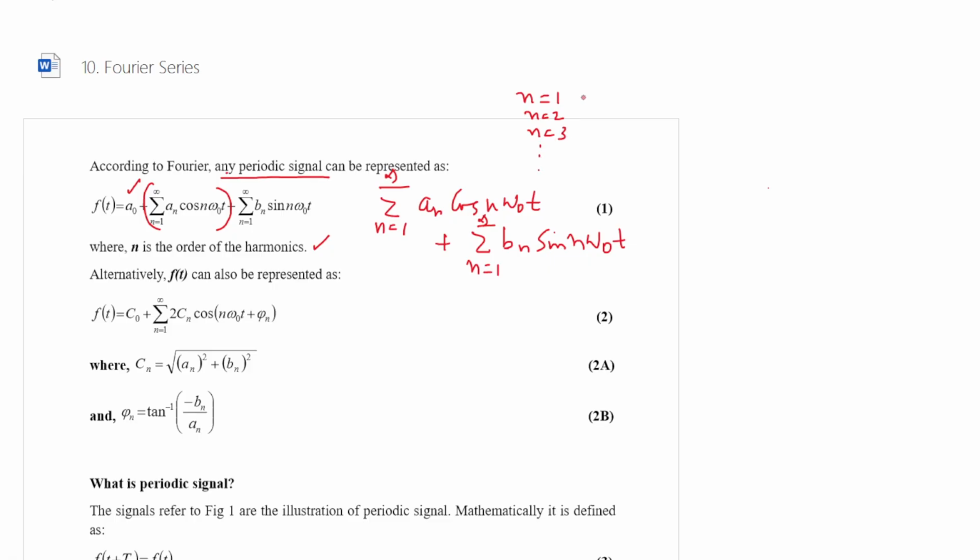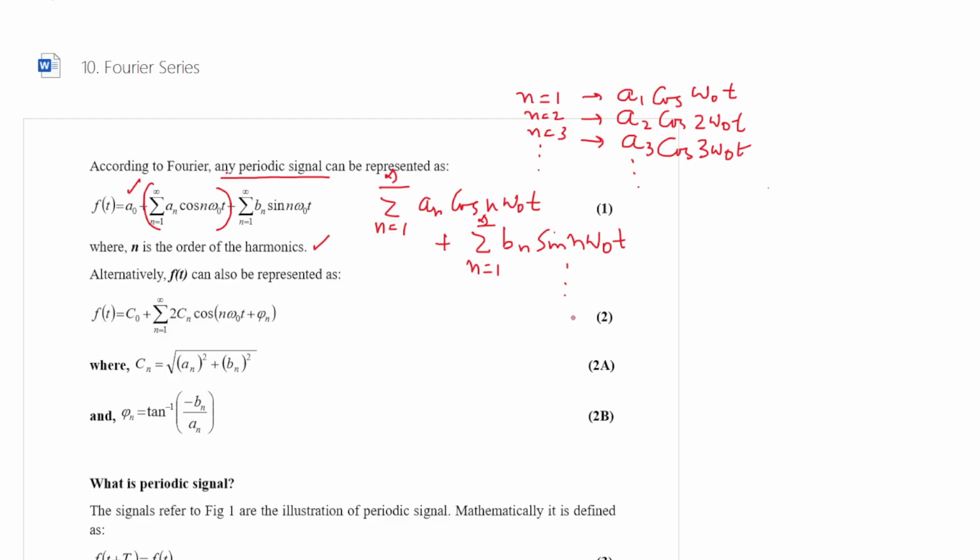When n is equal to 1, it is a1 cos omega naught t. When n is equal to 2, we have a2 cos 2 omega naught t. When n is equal to 3, we have a3 cos 3 omega naught t and so on. The same applies for sine: sin omega naught t, sin 2 omega naught t, sin 3 omega naught t, in this way.